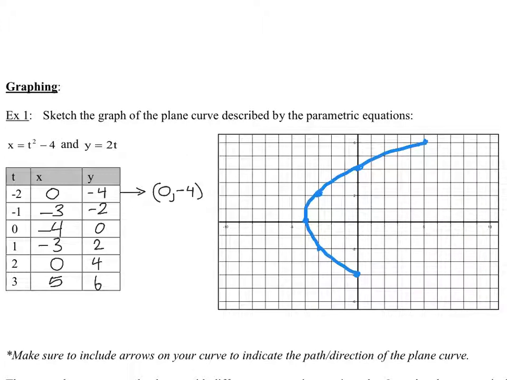We also want to indicate the flow of the curve, all right? Because it started at 0, -4, and it worked its way around in a clockwise direction. So using arrows, I'm just going to indicate the direction of the flow. Some people put their arrows right on the curve. That's fine too.